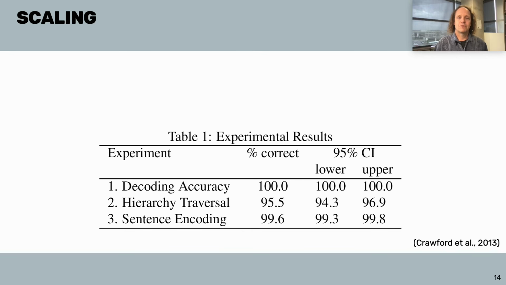The first experiment that we performed here is just decoding a particular concept. And you can see that you can perfectly decode any concept that you've stuck into such a hierarchy. In the second row, we're doing what we call hierarchy traversal. And in this instance, we're providing 2 inputs to the network and asking, are these 2 inputs related in some way by this is-a relation, let's say?